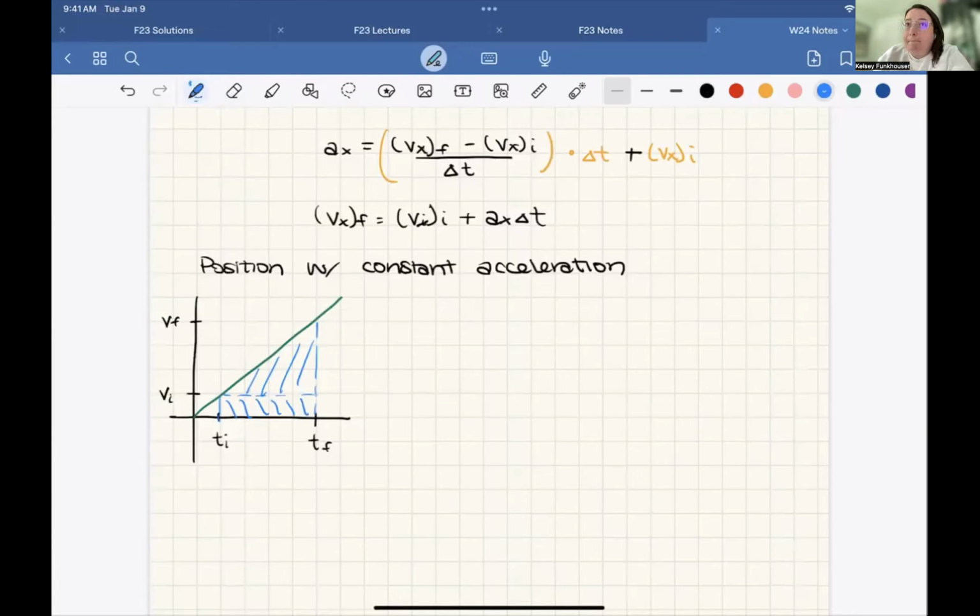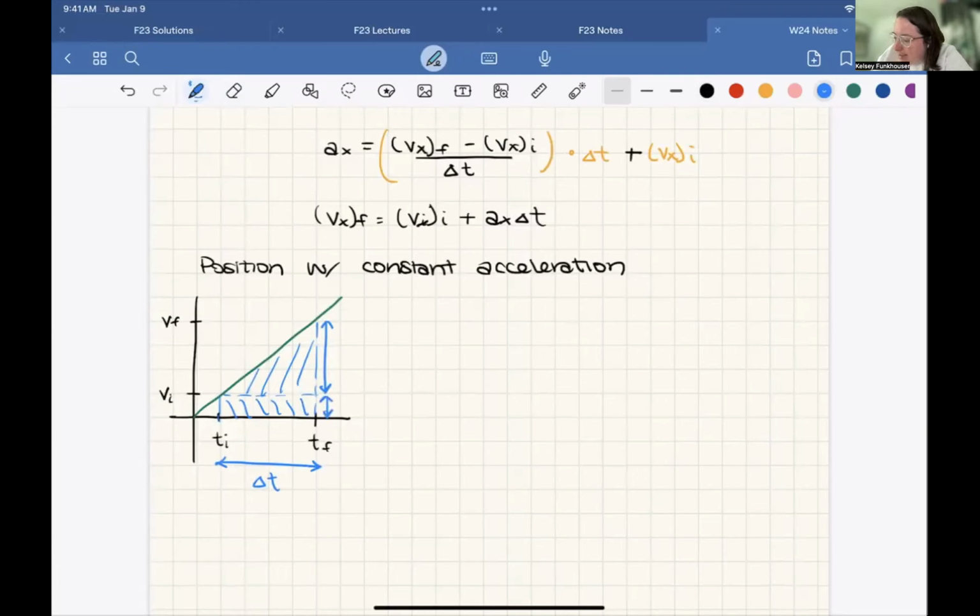So if we can connect those both together. So first though, I'm going to give us some dimensions for finding the area under the curve. So the time interval is T final minus T initial.